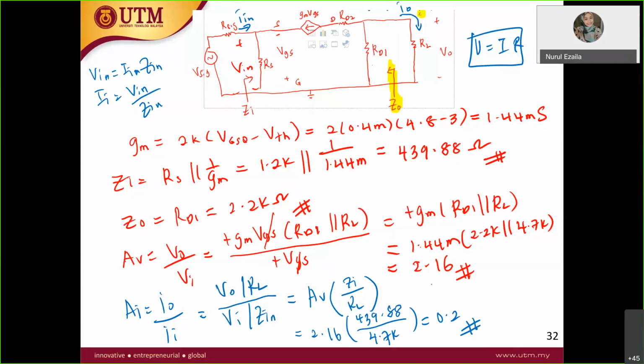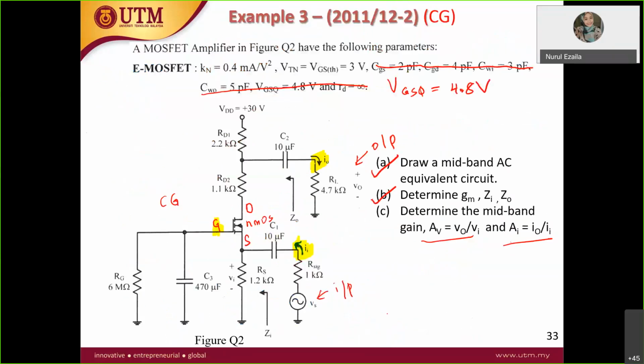So the common gate is, I think, easy. What makes it difficult is the circuit here. It looks complicated, with all the resistors upside down.